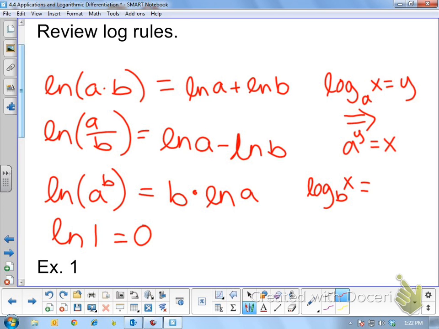But in case for some reason we need to simplify or rewrite this in a different base, log my new base, I'm going to say base A, of x divided by log base A of b. Again, those are the same thing written two different ways.